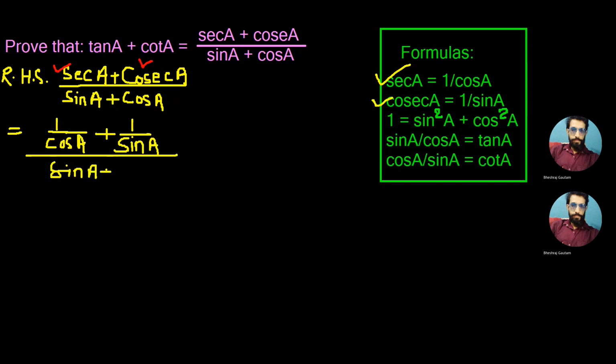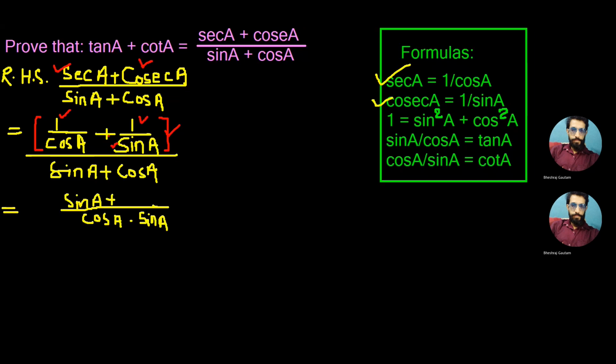Now it forms a small fraction in the numerator within the original fraction. So let's take the LCM of this small fraction, which we get as cosA into sinA as LCM, and by cross multiplication we get this 1 into sinA as sinA plus this 1 and cosA.